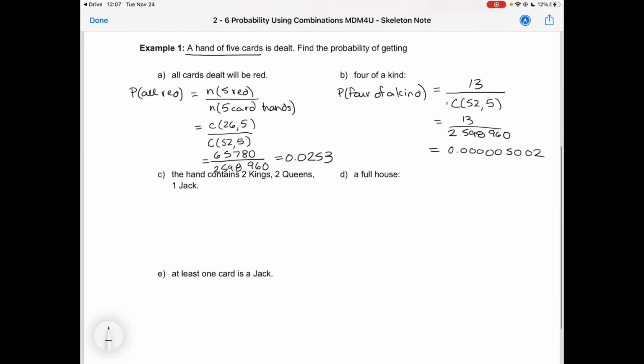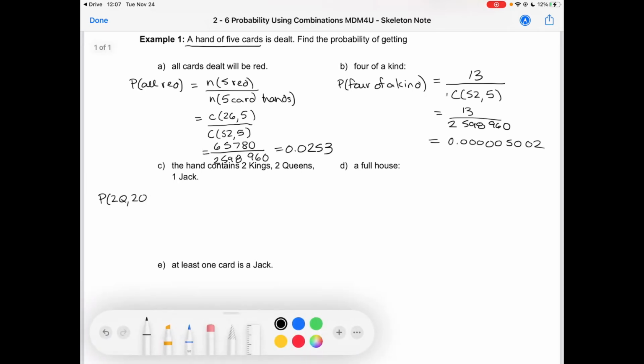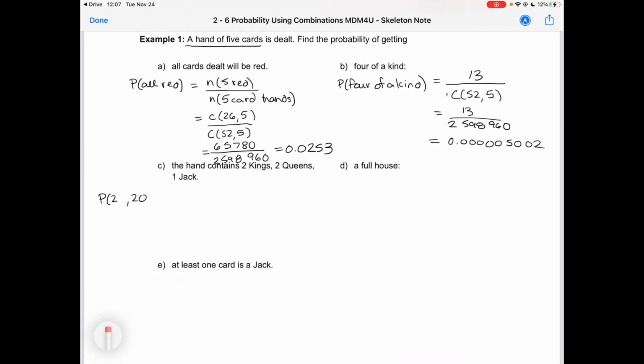The next hand that we're going to look at is 2 kings, 2 queens, and 1 jack. So the first thing that we're going to look at is the number of ways that we can choose 2 kings. So we've got 4 kings, and we're choosing 2. We're going to multiply by the number of ways that we can choose 2 queens.